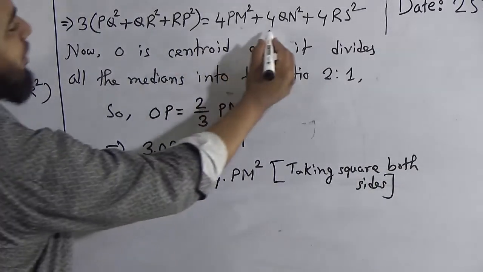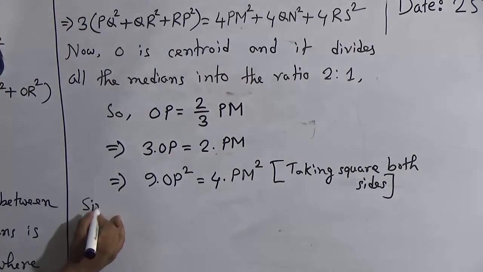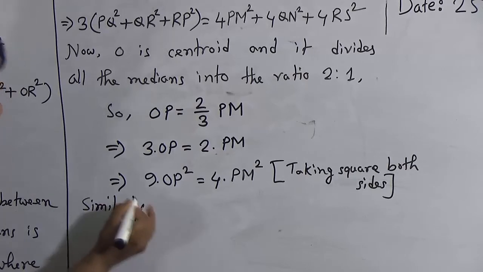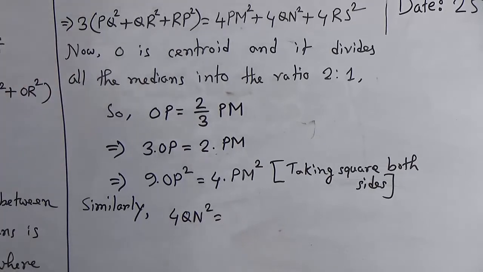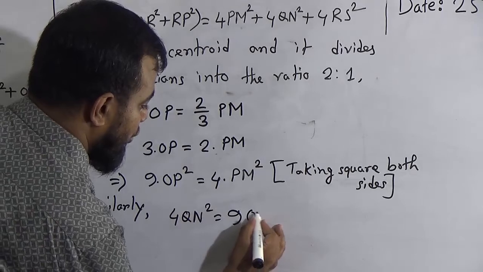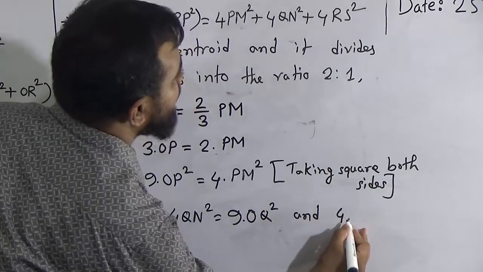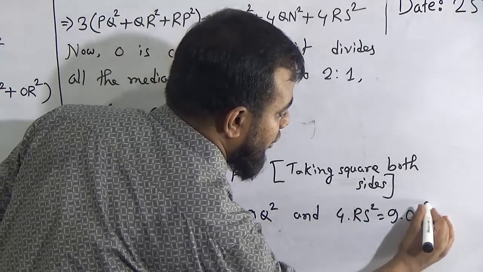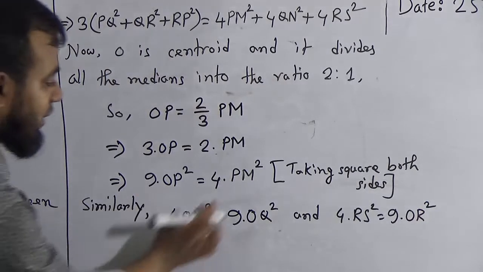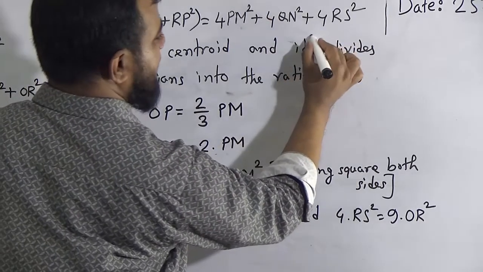Similarly, we can get the other two values: 4 into QN square equal to 9 OQ square, and 4 into RS square equal to 9 into OR square. Now we can put all three values in this equation. Suppose this is equation number A.